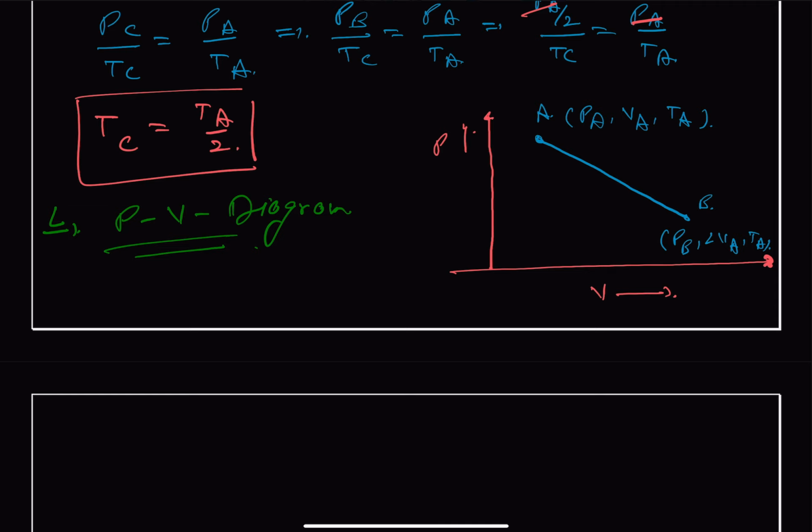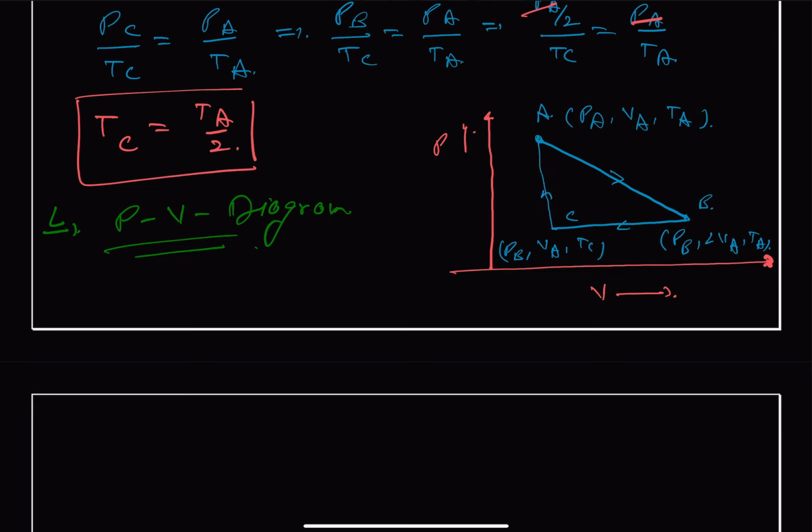Now it comes to our C. Because pressure is the same, this C is going to have our PB, and volume is our initial volume, that is VA, and temperature is TC, and it is back to its original position.